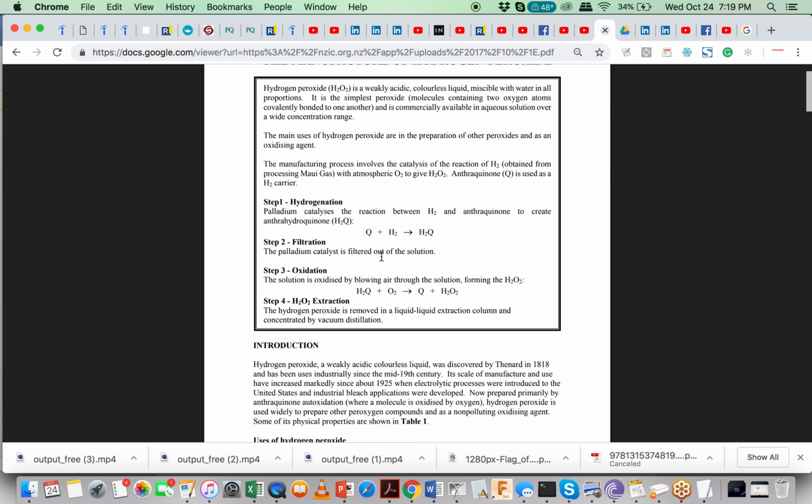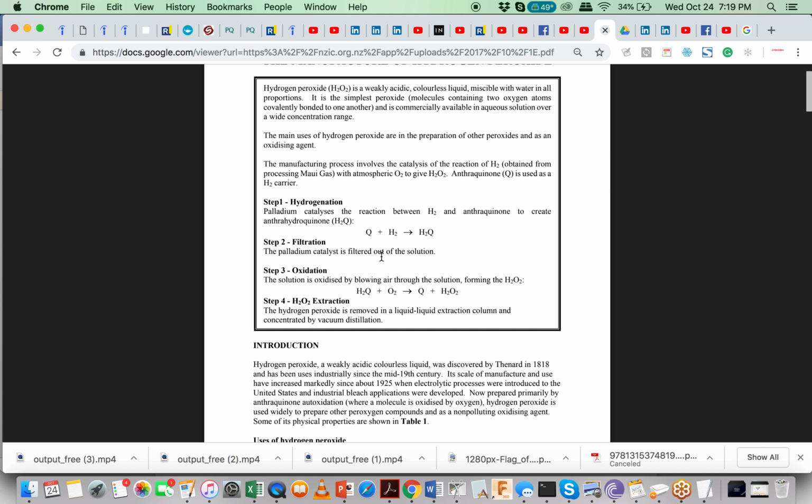Step 1. Hydrogenation. Palladium catalyzes the reaction between H2 and the anthraquinone to create anthra-hydroquinone. Step 2. Filtration. The palladium catalyst is filtered out of the solution. Number 3. Oxidation.